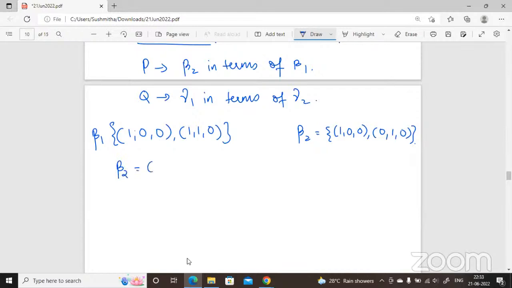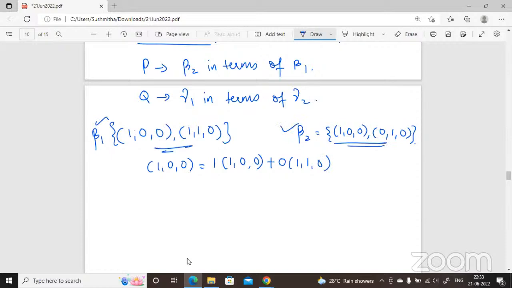Elements of beta 2 in terms of elements of beta 1. This is a basis, this is a basis, so I can write elements of this in terms of this and elements of this in terms of this, right? Because both are bases.